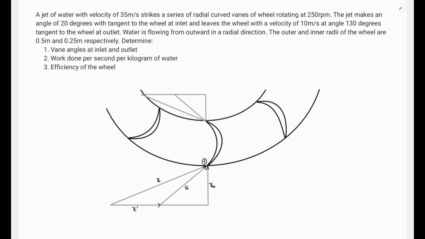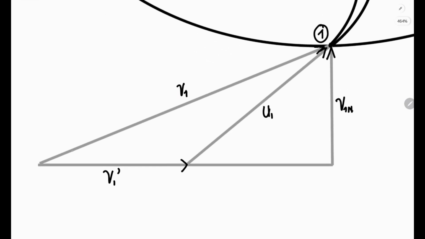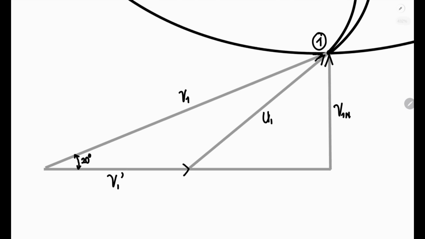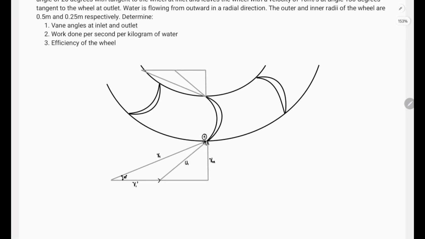So, that is 20 degrees. So, this one is 20 degrees. And then the wheel is rotating at 250 rpm. So our N is equal to 250 rpm.